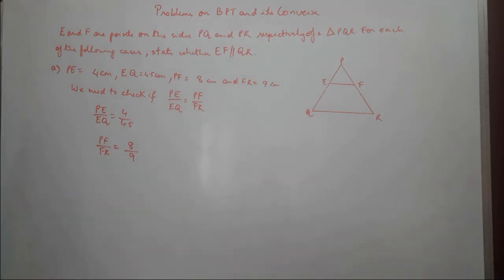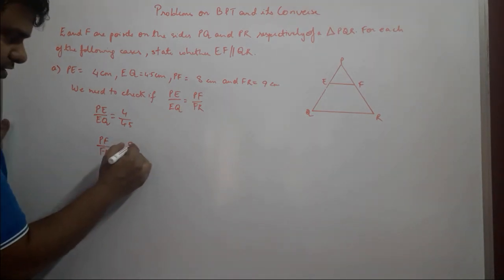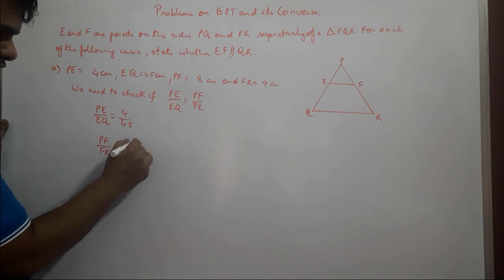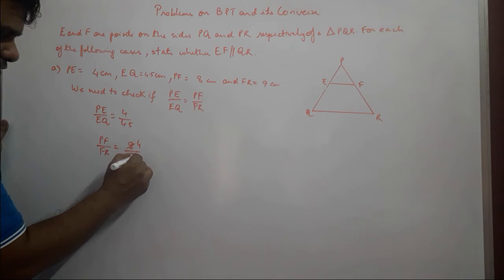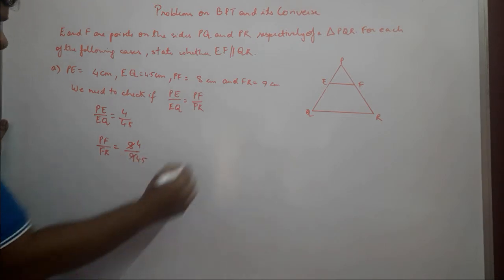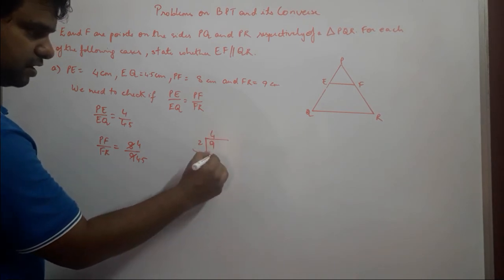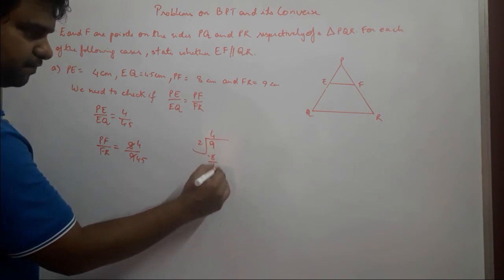9. So if we divide these two by 2, we will get 2 4s are 8, and here we will get 4.5. If we divide 9 by 2, this is how we get 2 4s are 8, 9 minus 8 is 1.